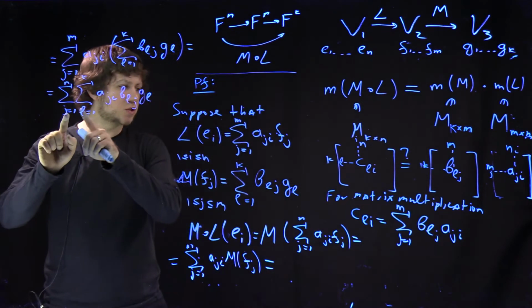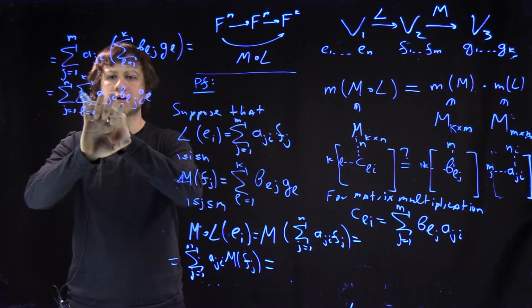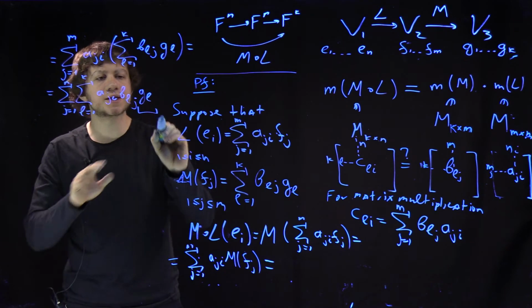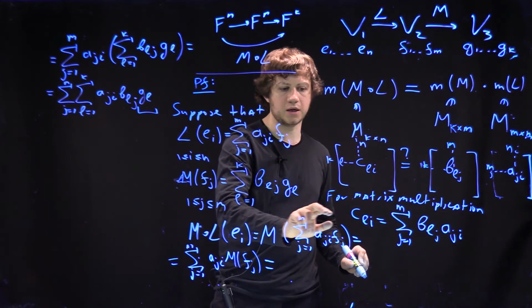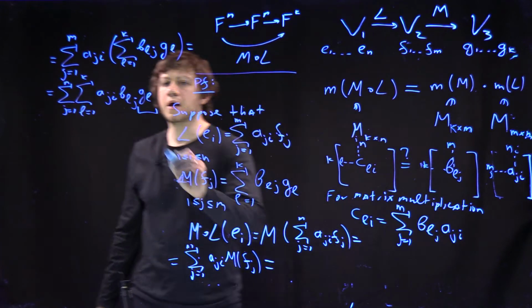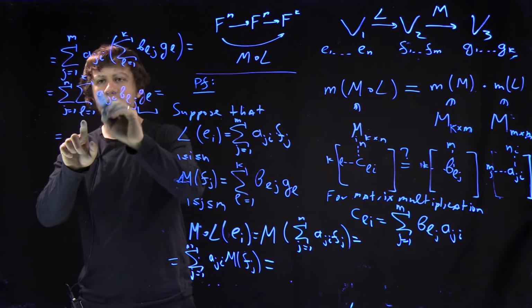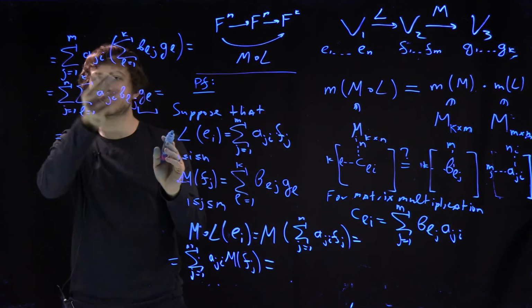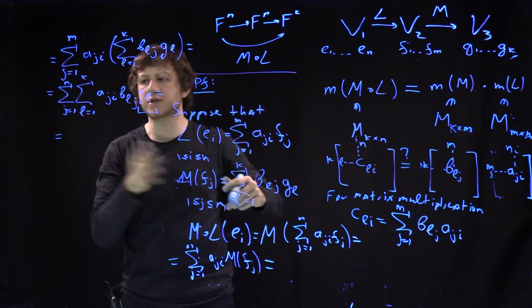When we have these two summations, we have lots and lots of terms depending on all these indices, and we are interested in the coefficient before GL, because this is exactly what CLI should be. Then we just change the summation order. When you have two sums, you can exchange their order, just because this is just a sum of a ton of numbers, and it does not matter whether you sum them this way or that way.